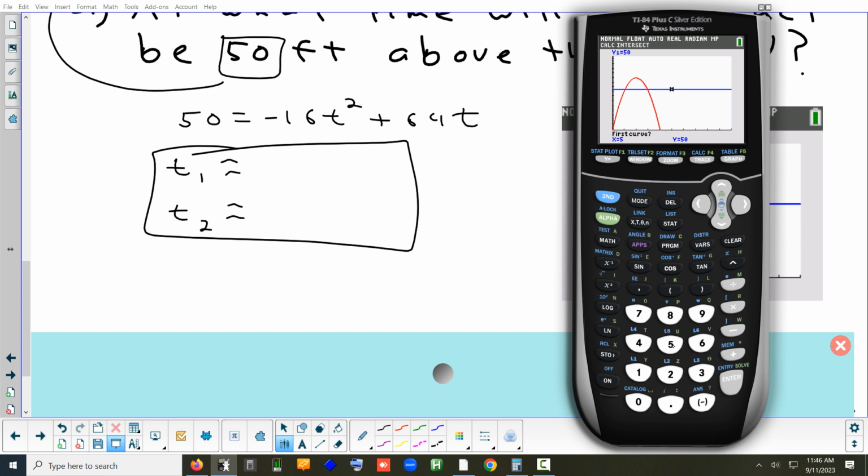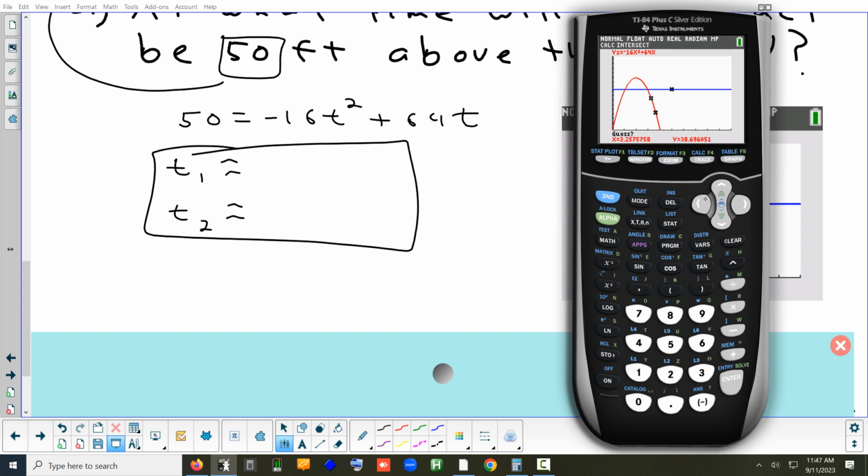Intersect. Pick a point somewhere on the blue. I'm moving my cursor to the left until I see it. Pick a point somewhere on the red. And now the guess is important. Why is the guess important? Right, it can only do one at a time, so it's going to give me whichever one it's closer to.